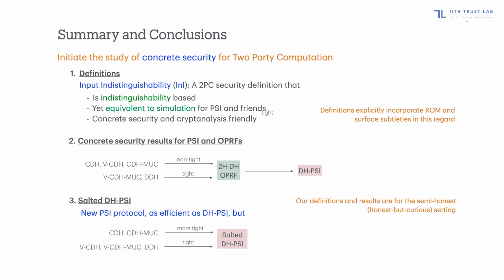This definition is also concrete security friendly and proof analysis friendly. We then use this definition to give concrete security results for DH PSI, and we then give a new PSI protocol called salted DH PSI, which is as efficient as DH PSI but achieves better security. Thank you.